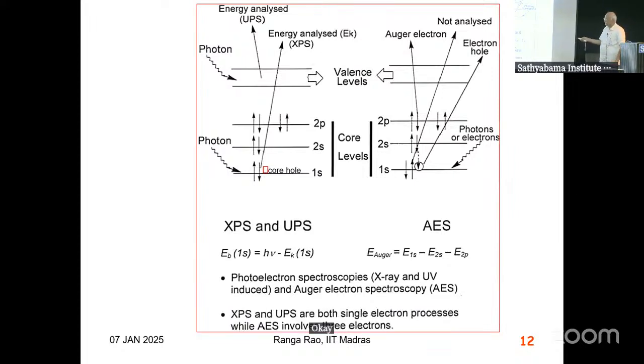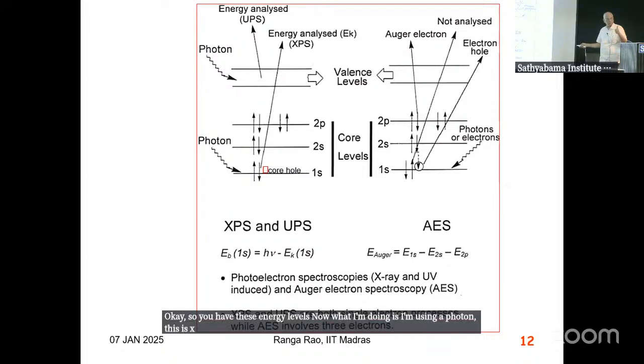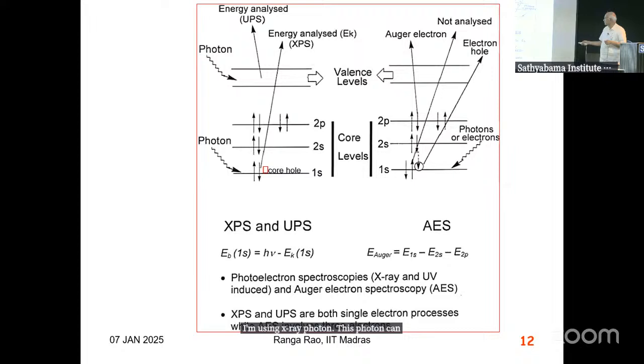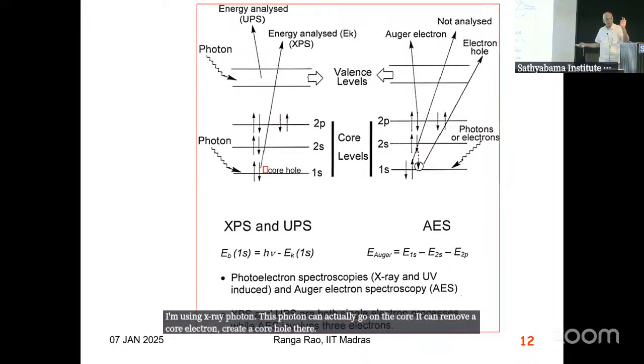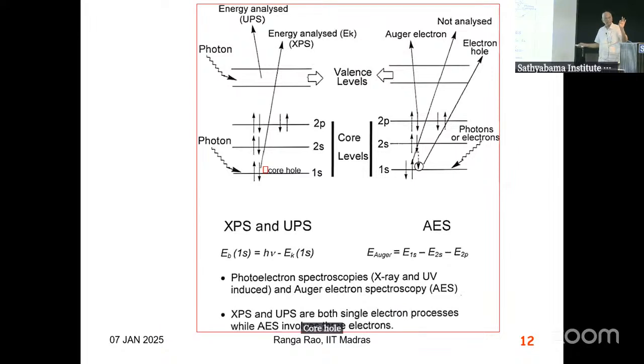So you have these energy levels. Now what I am doing is I am using an X-ray photon. This photon can actually go to the core. It can remove the core electron, create a core hole there. Okay. So this electron comes out, and if I analyze the energy of this electron, I get XPS, X-ray photoemission spectroscopy.